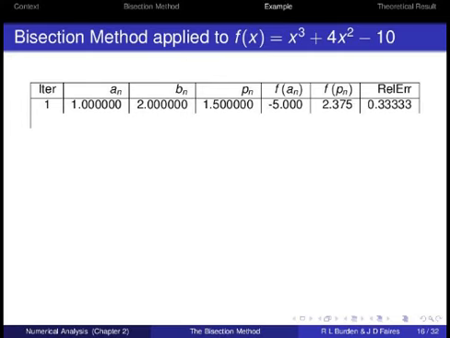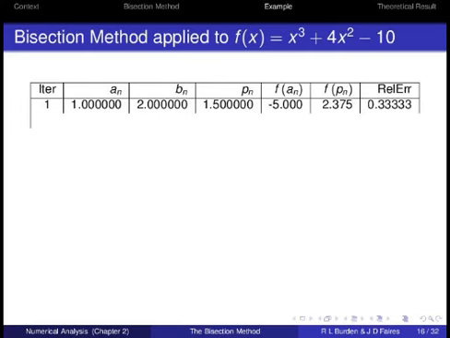The next columns are f of A, f of B and f of P, the values of the function at the midpoint. So p is always updated, and a and b are always updated because of the midpoint p.